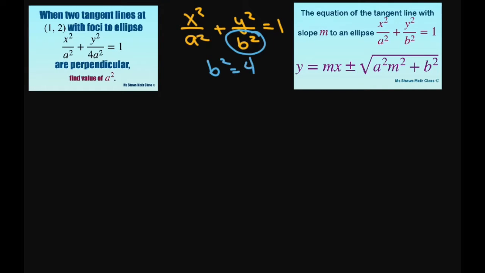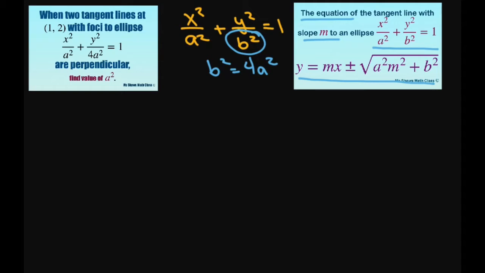Alright, so before we start, let's look at x squared divided by a squared plus y squared divided by b squared equals 1. That's your standard form. But in our case, our b squared equals 4a squared. We're also going to use this formula to get the equation of the line with the slope m to this ellipse.